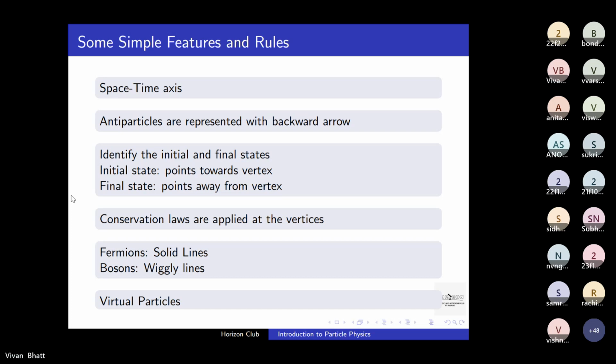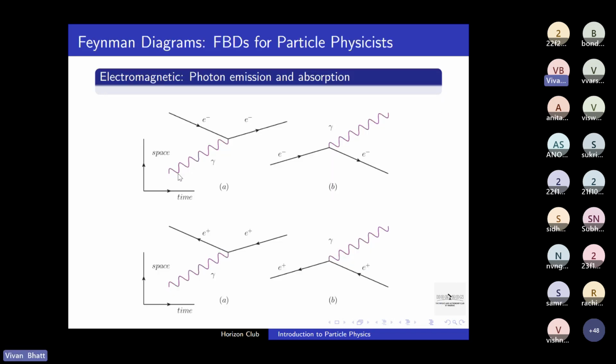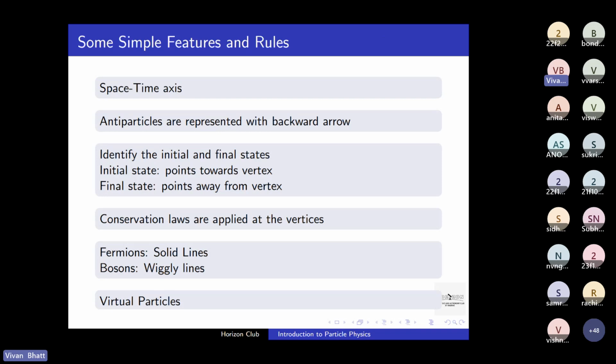Now, all the fermions are represented by solid lines. Bosons are represented with different types of wiggly lines, depending on the type of boson it is, like a photon or a W plus or minus. A Z boson is denoted with this waveform that you see here, like a sinusoidal wave, and a gluon is represented by a spring, because that's the neatest way to understand how the gluon works.